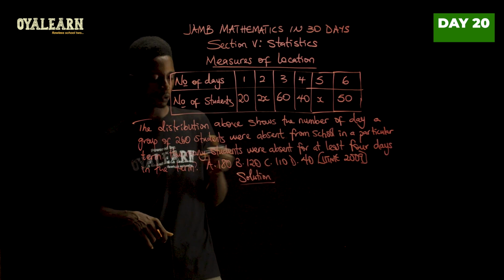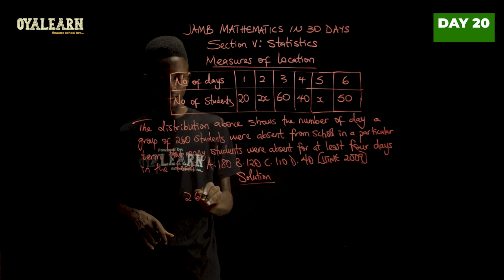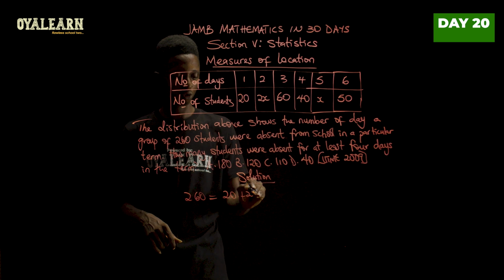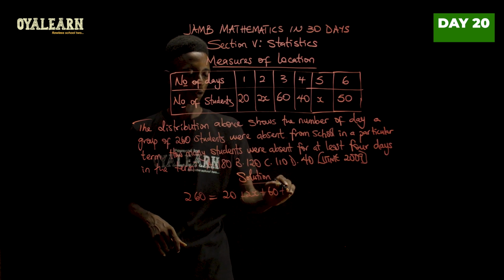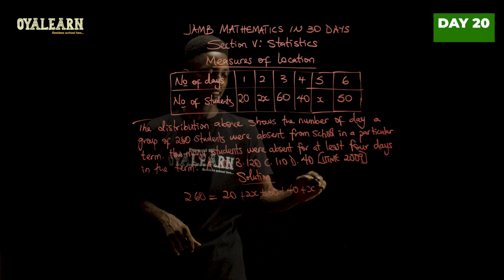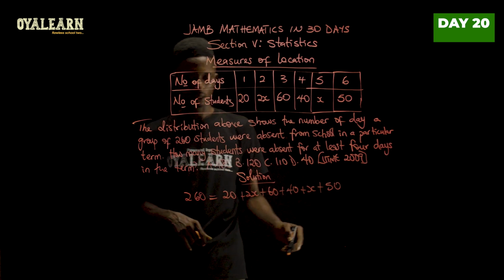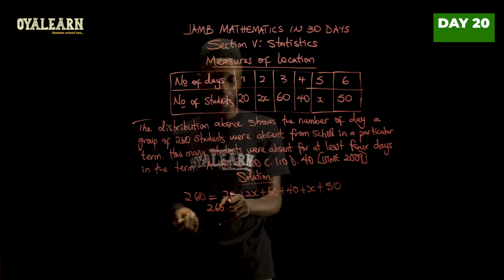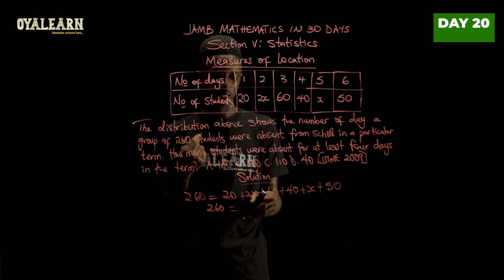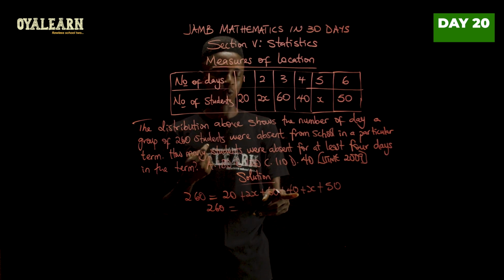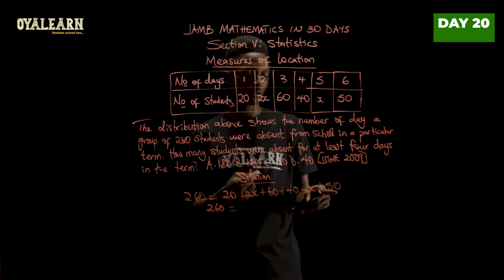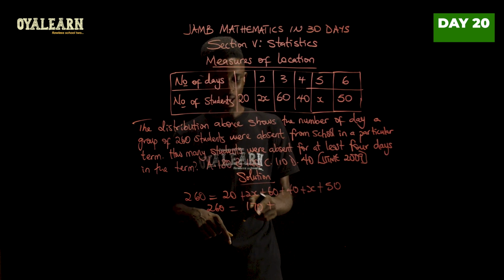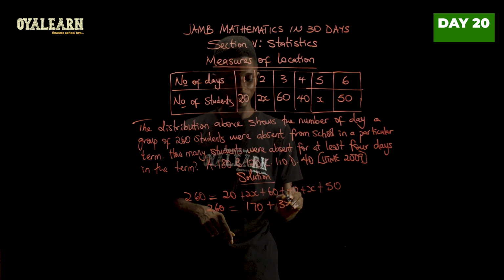To solve for x, we know that the total number of students is 260, and that should be equal to 20 plus 2x plus 60 plus 40 plus x plus 50. Now, that implies that 260 equals, now let's add these numbers here. 20 plus 60 gives us 80, plus 40 and we have 120, plus 50 and we have 170, plus, now we have 2x plus x, which will give us 3x.